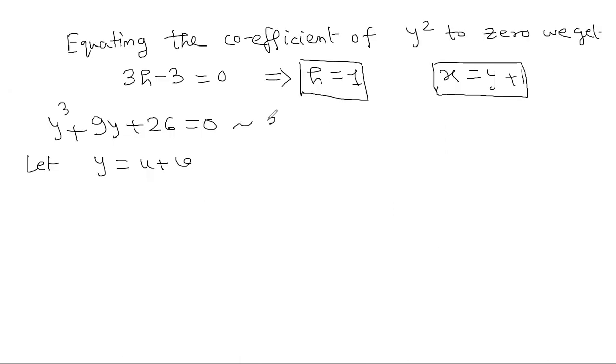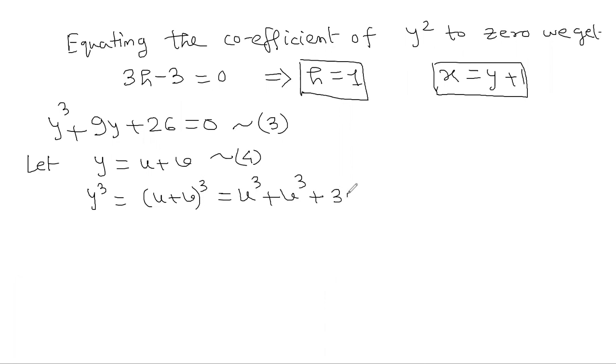Cubing both sides, we get y cube equal to u plus v whole cube, so that is equal to u cube plus v cube plus 3uv into u plus v, right?